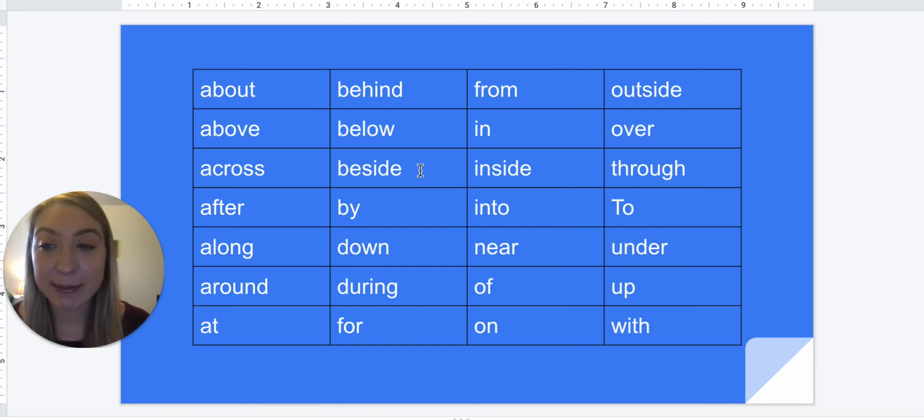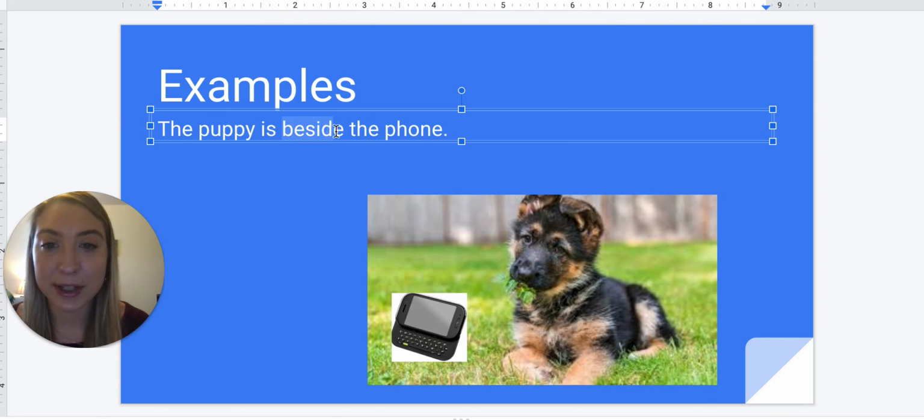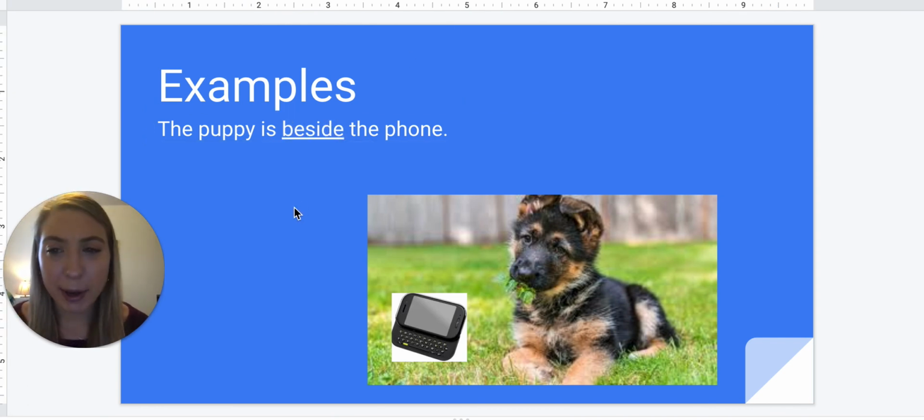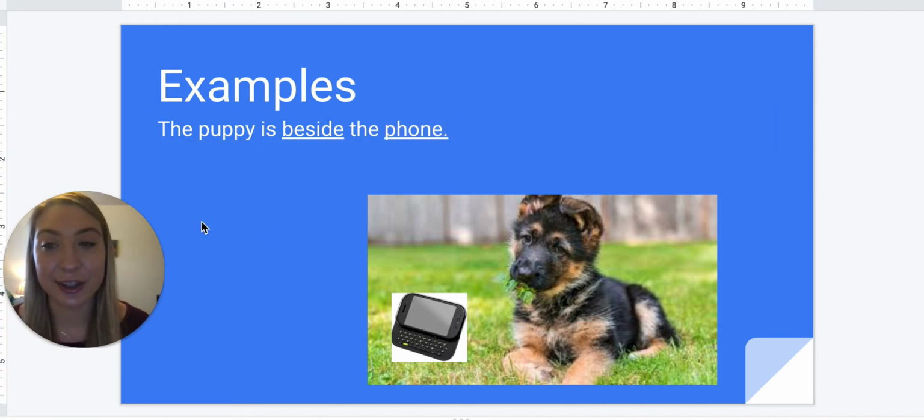So I know that's my preposition, and I'm going to underline it. What is the puppy beside? What pronoun or noun is the puppy beside that is after the preposition? The phone. The puppy is beside the phone. So that means phone would be my object of the preposition.